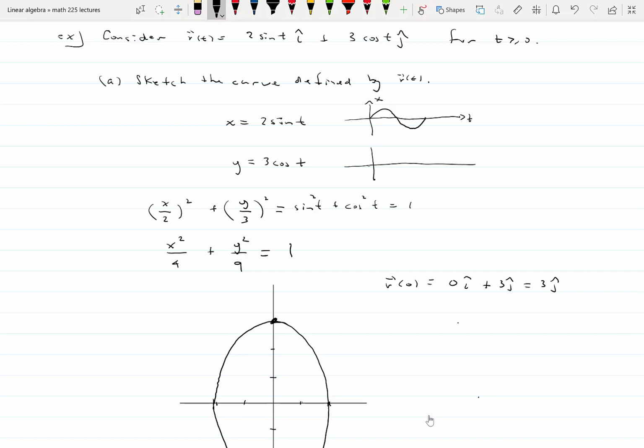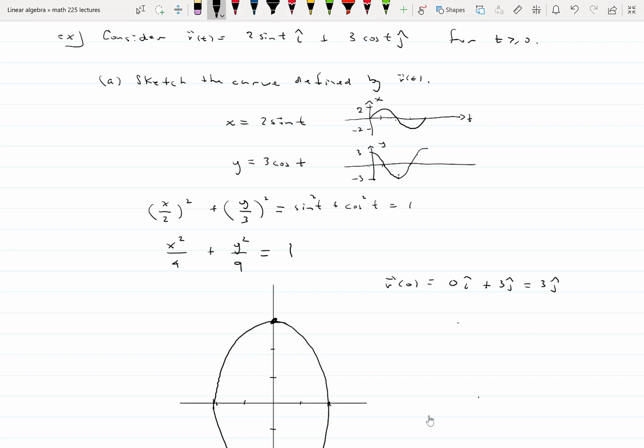So the cosine goes from 3 to 0, then to -3, then to 0, then to 3. So the y value goes from 3 to 0, the x value goes from 0 to 2. So the x value stays between -2 and 2, and the y value between -3 and 3.